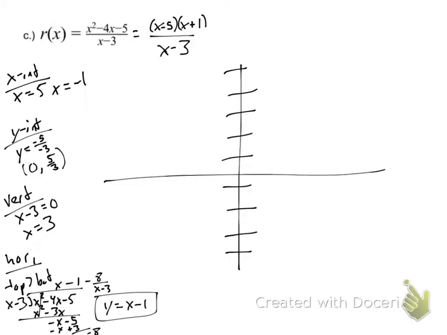So let's graph some stuff. X-intercepts at 5, 1, 2, 3, 4, 5, and at -1. 0, 5/3 there. X equals 3. And y equals x minus 1.